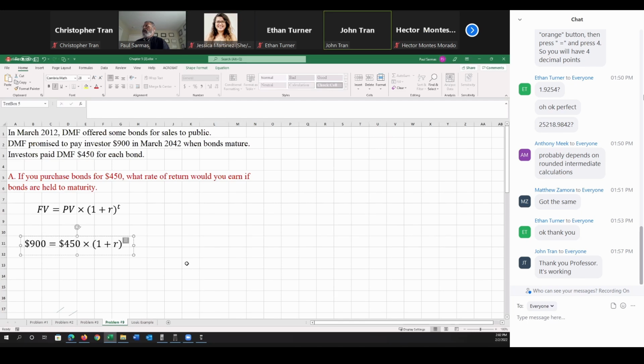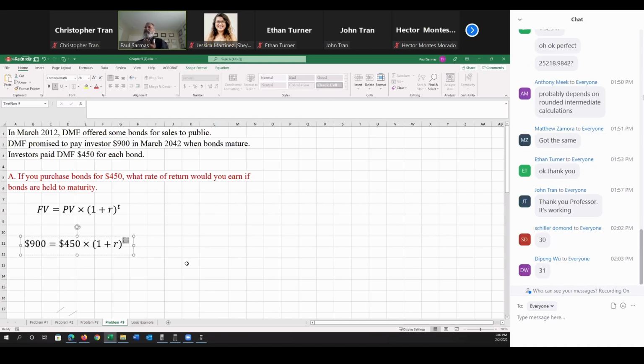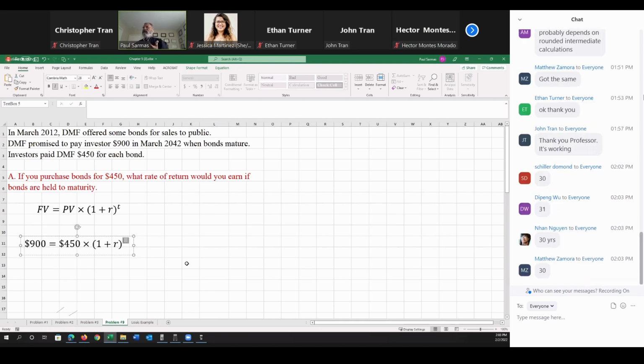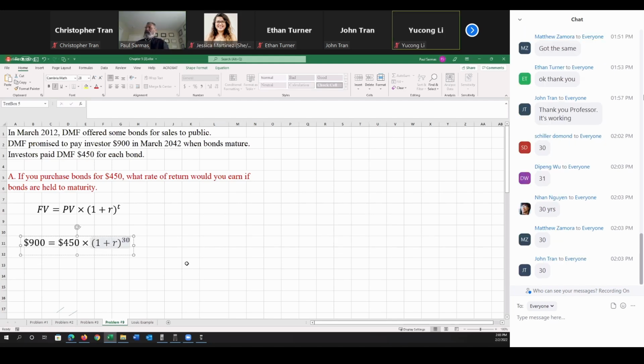Okay. You bought the bonds in 2012, then the company buys them back from you in 2042. So you had the bonds for how long? The difference. 30 years. 30 years? Yes. Okay. So now you can solve the problem.